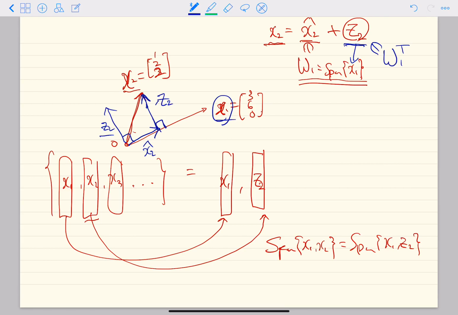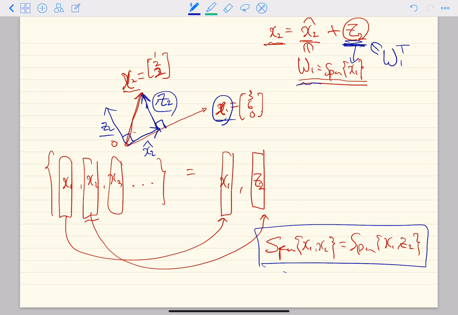And here the question is, we obtained z2 as the remainder, or this orthogonal complement, of x2 with respect to this subspace, right? And will the spans of these two different versions of the vectors be the same or not?